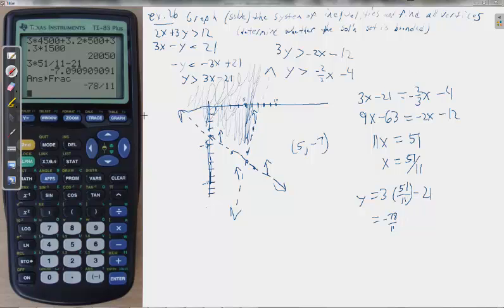So, let's see if that satisfies both. 2 times 51 over 11 plus 3 times negative 78 over 11.